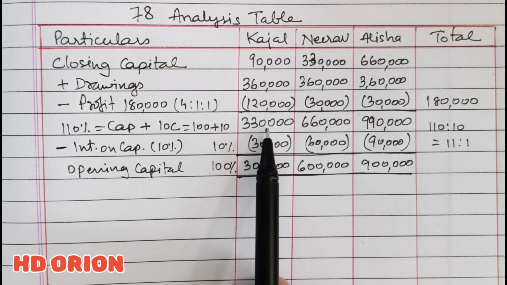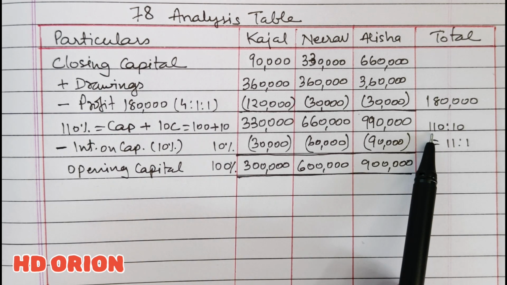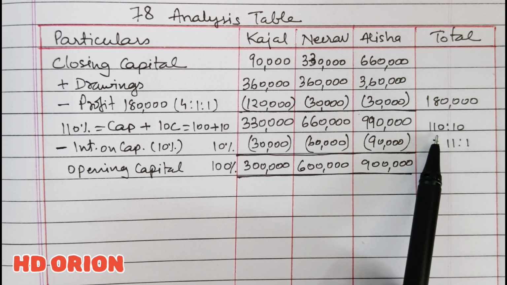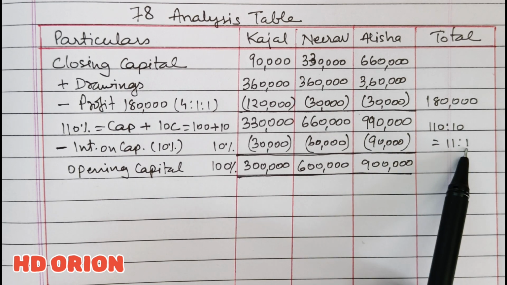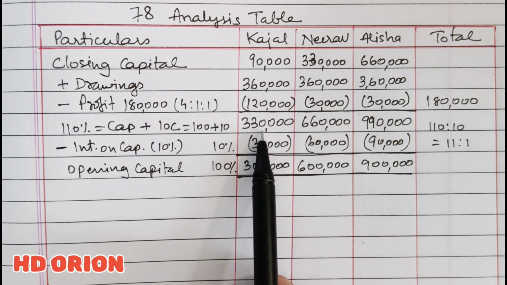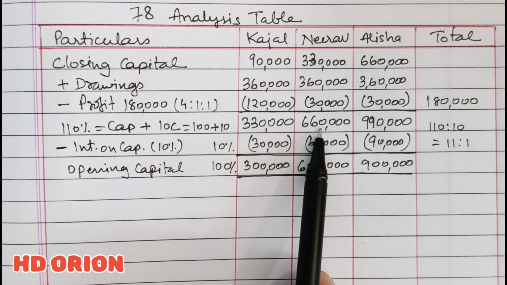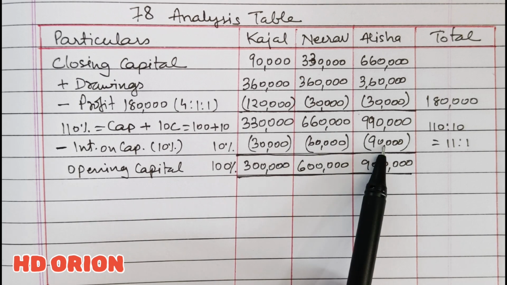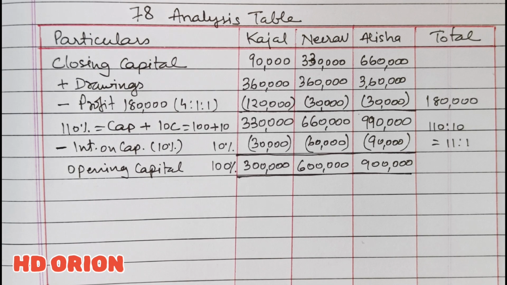So from 110%, you can easily calculate 10% and 100%. Fine. Because the relation is what? 110 is to 10. So 11 is to 1. So when it is 11, in order to get 1, that is interest on capital, you just divide it by 11, you will get interest on capital, and then deduct both the amounts, you will get opening capital balances.